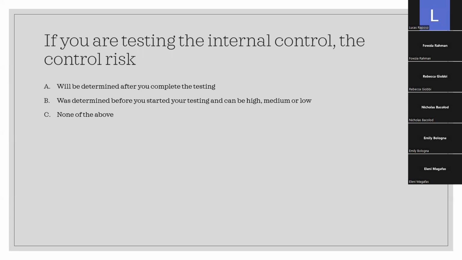A, will be determined after you complete the testing. Any other answers? Someone says B. Gabriel says B. So we're moving to B.